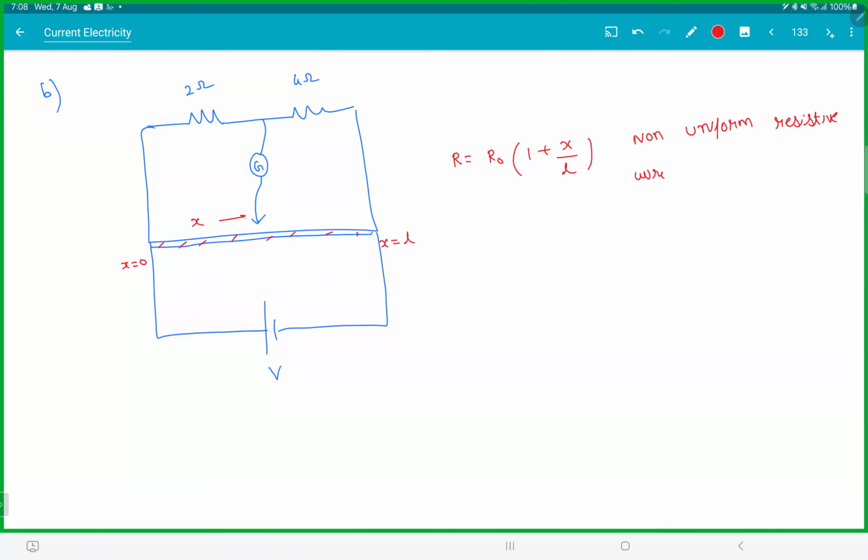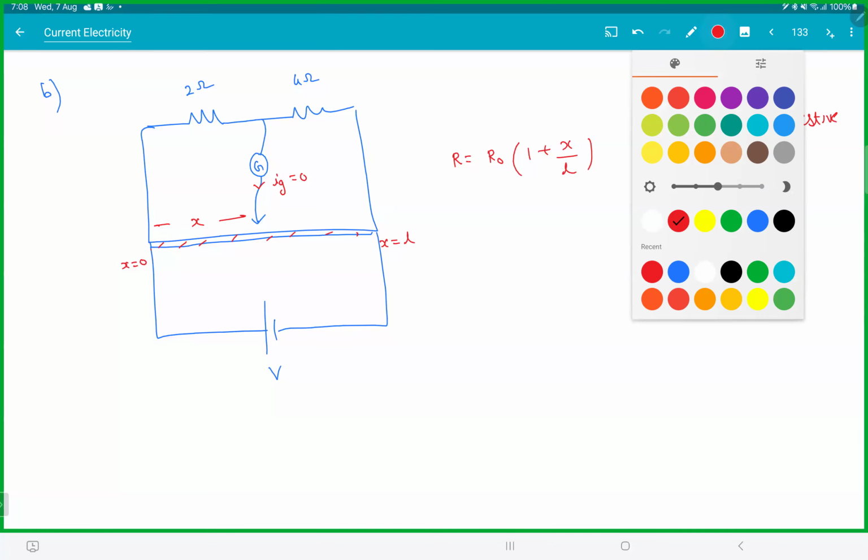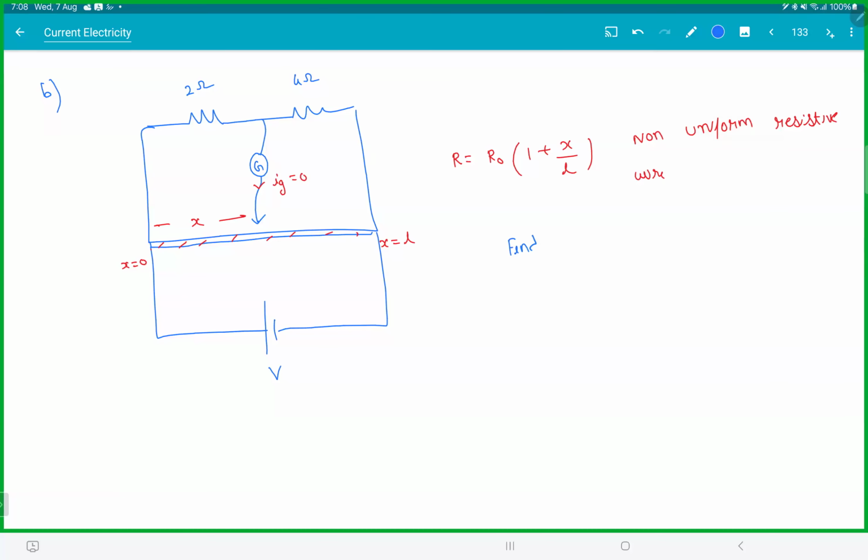This x is the balancing length. So the bridge is balanced here when x is equal to something. So find x when the bridge is balanced. Just get the equation.